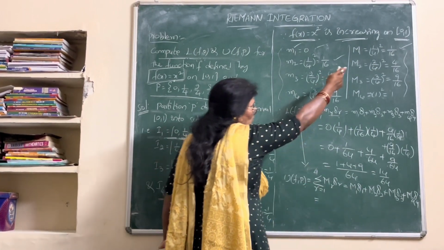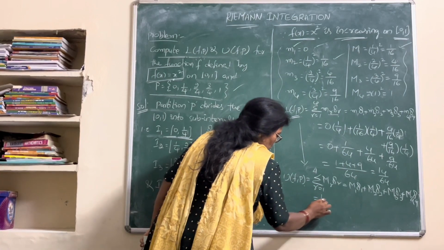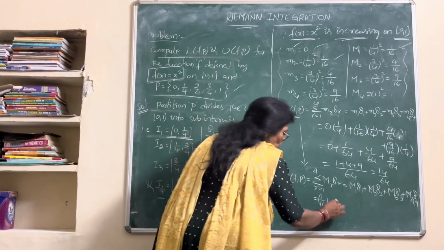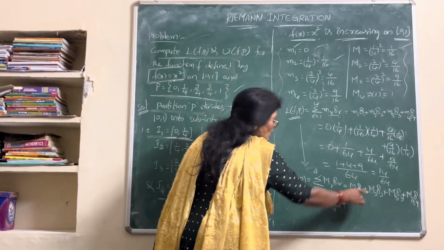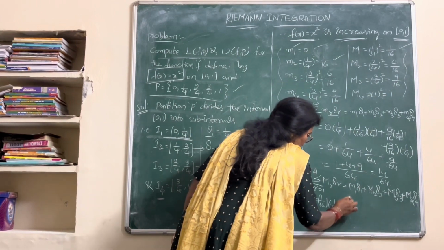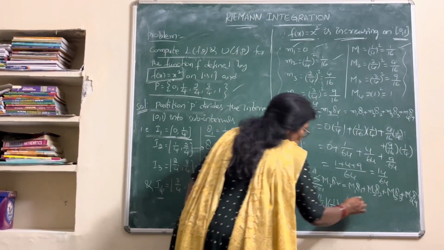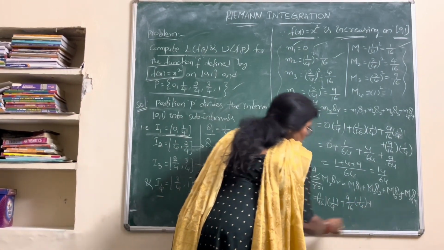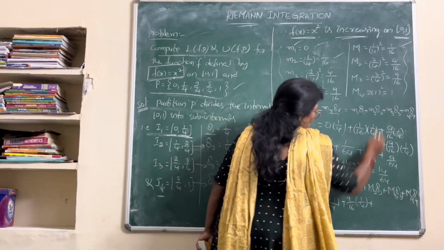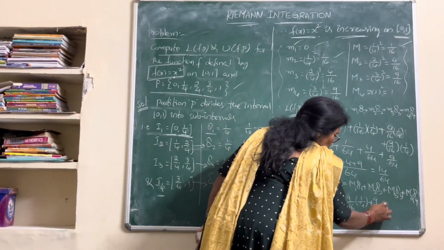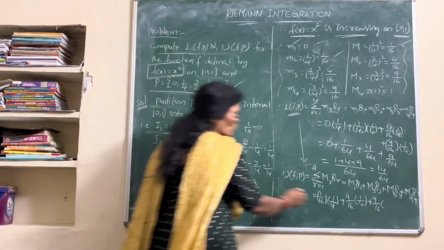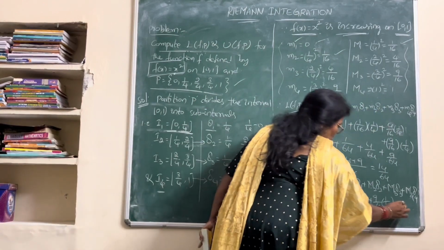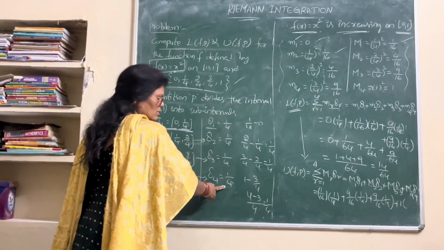Capital M1 is nothing but 1 by 16 into delta 1 is 1 by 4, plus M2, capital M2 is 4 by 16 into delta 2 is 1 by 4, plus M3 is nothing but 9 by 16 into delta 3 is 1 by 4, plus M4 is 1 into delta 4 is also 1 by 4.